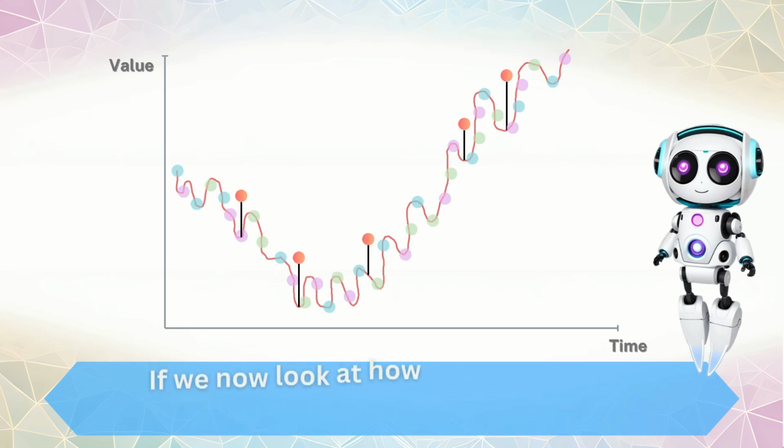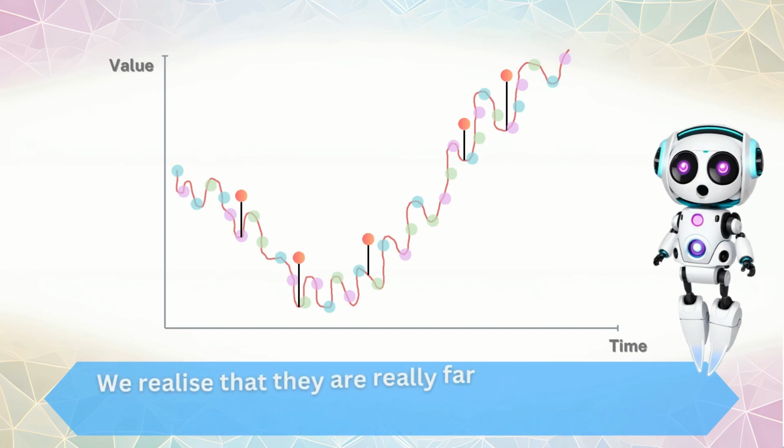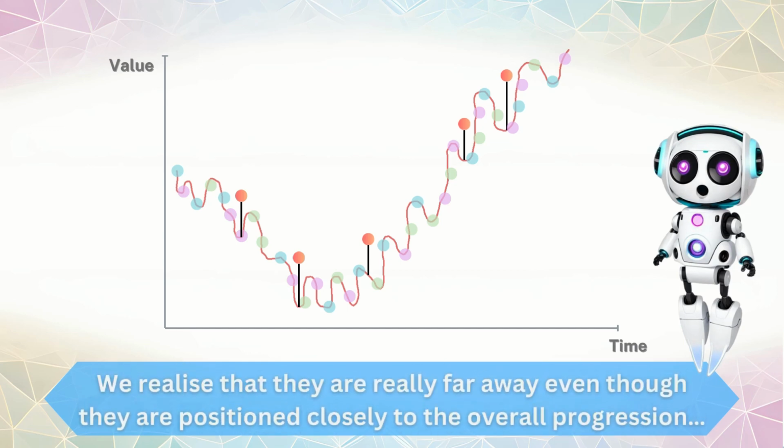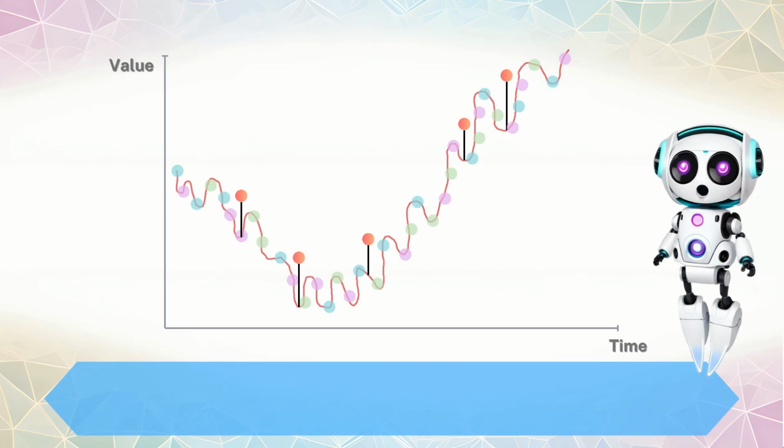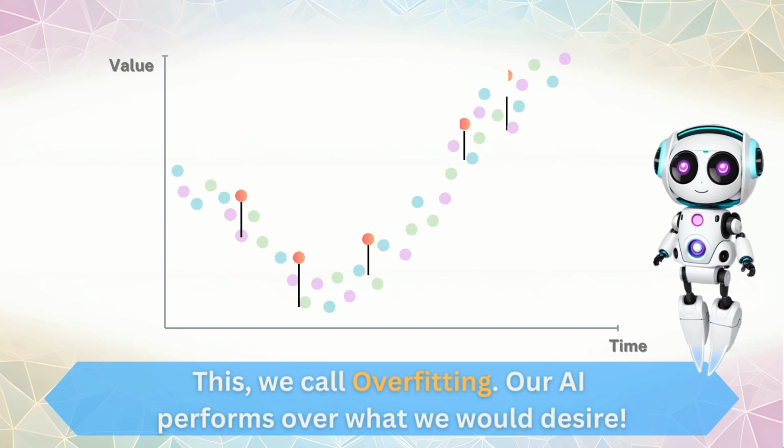If we now look at how far they deviate from the function our AI proposes, we realize that they are really far away, even though they are positioned closely to the overall progression. That is not really a good solution, to be honest. This we call overfitting. Our AI performs over what we would desire.